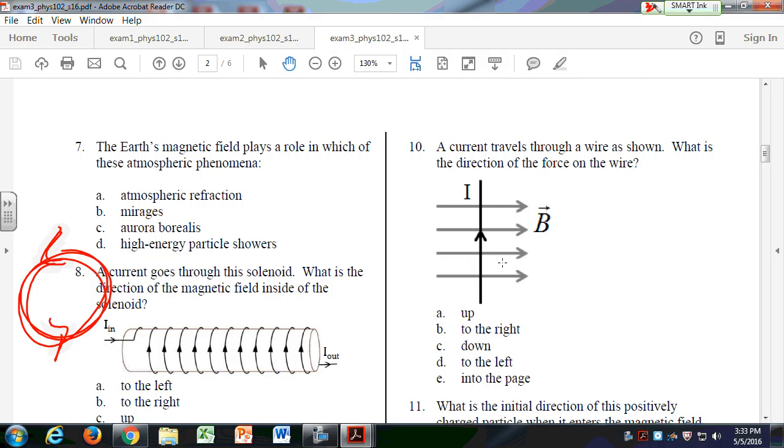So the magnetic field in this case would be like that. In this case, it's going to be to the left for a similar reason. Thumb in the direction of the current, my fingers point down the middle of that coil, that solenoid.